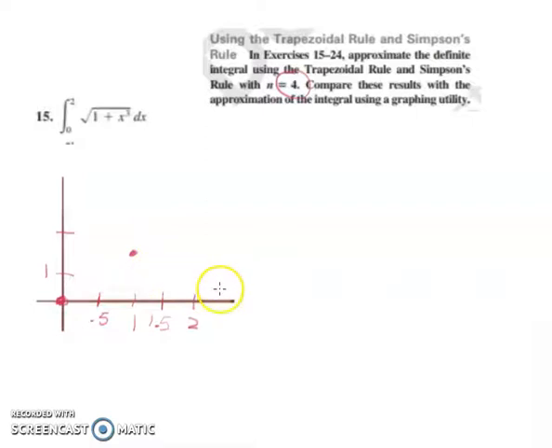And at 2, that would be 2 cubed is 8, plus 1 is 9. Square root of 9 is 3. So we all agree that the function's going to look a little like this. Whoops. Okay, that's pretty messed up.